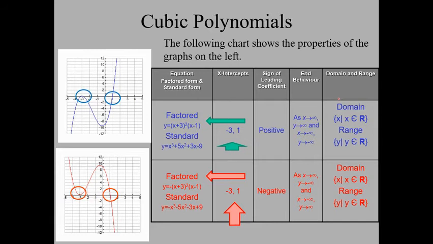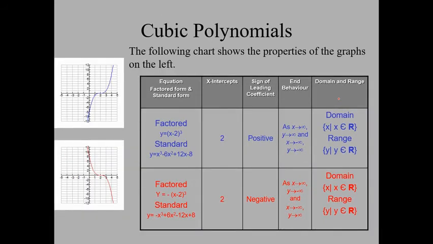All right, one last example for cubic polynomials. Notice now that we're down to one x-intercept. However, notice the flattening along that x-intercept. And that's because we have x minus 2 cubed. So you have a multiplicity of 3. The sign of the leading coefficient is positive.